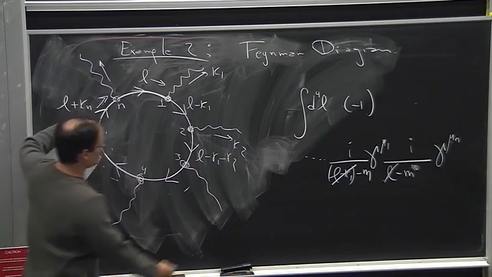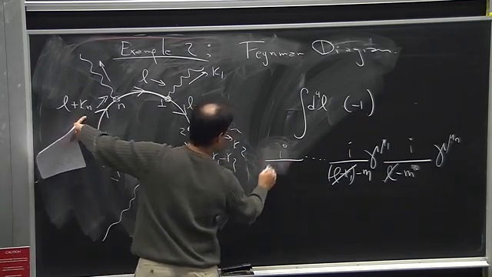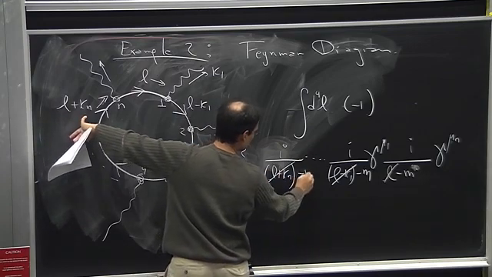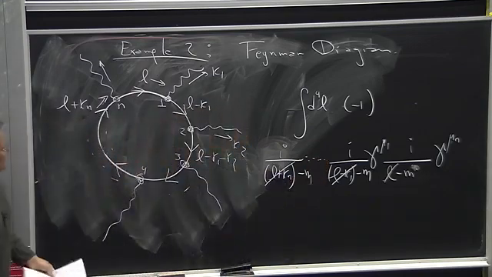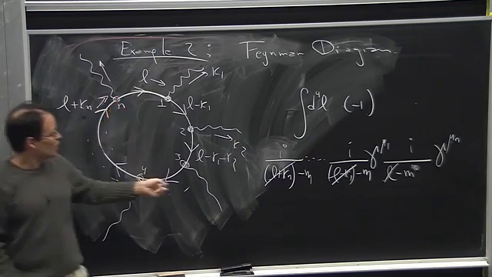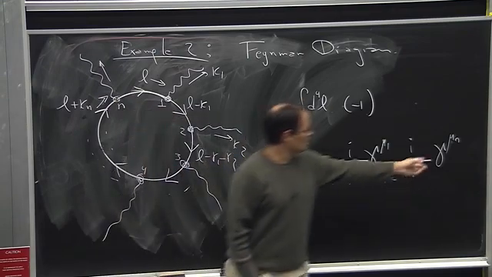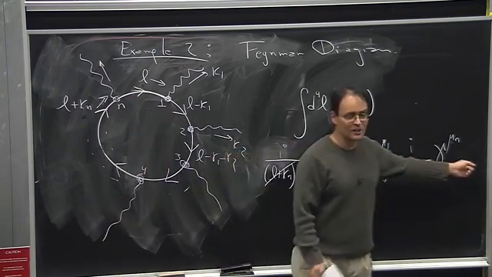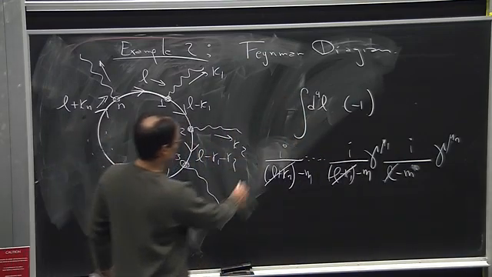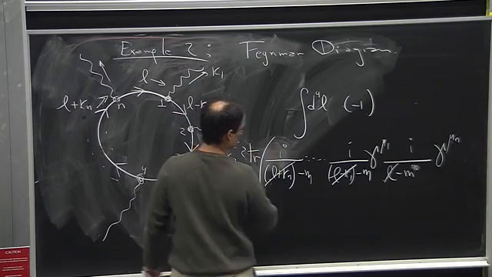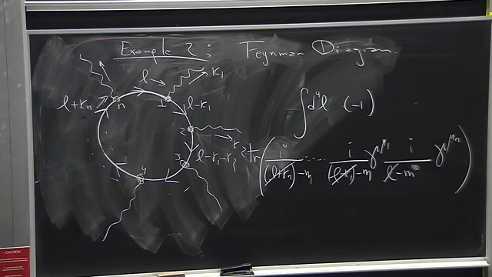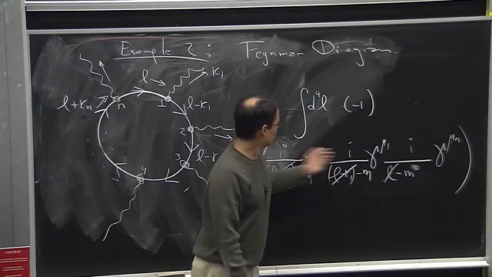All the way to the last propagator, which is L plus Kn slash minus M. And the last delta function, the last vertex, locks the final index here with the initial index here. And what's the name for that? It's called a trace. So we just take the trace of this matrix. And the great thing is that we didn't have to write a single index at all. We just treat everything as matrices.